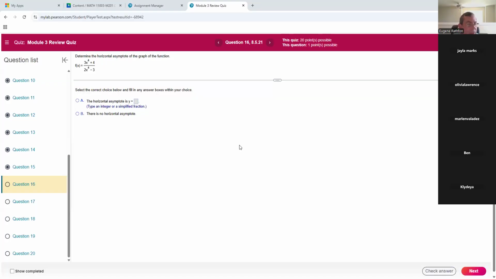All right, y'all, so this one is a horizontal asymptote. So I got 3x to the fourth plus 4 over 2x to the fourth minus 3. All right, y'all, so let's go to the pad and work that one.